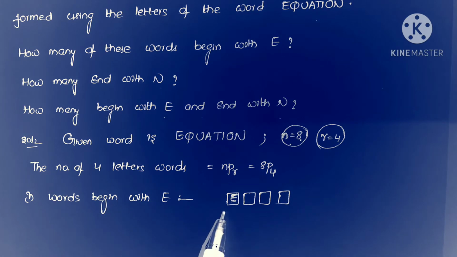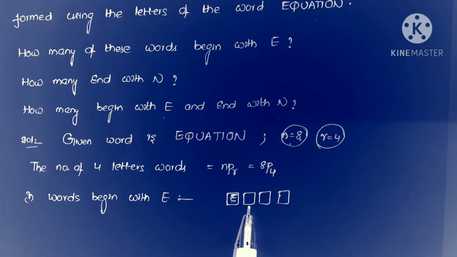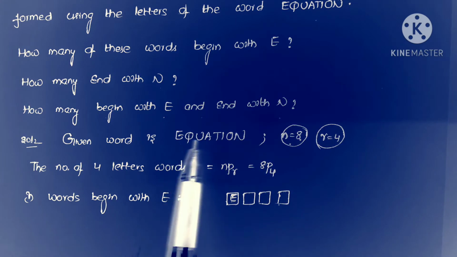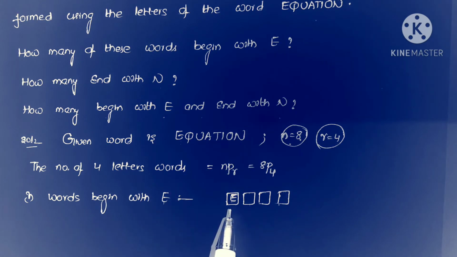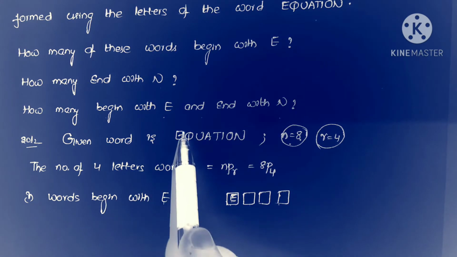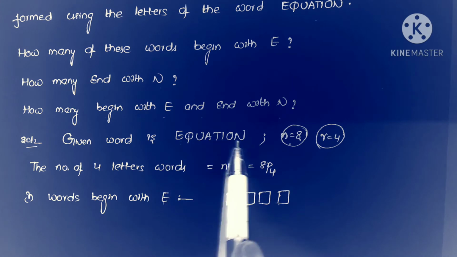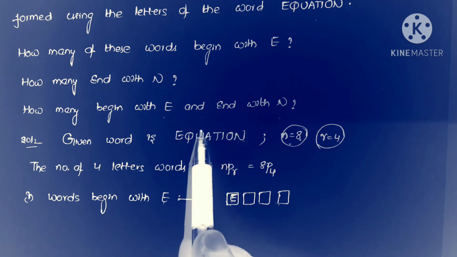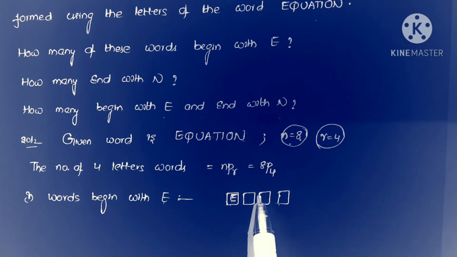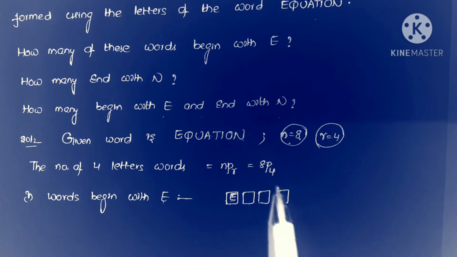Now the remaining gaps are 3. The total number of letters is 8, but we already used the letter E. So how many remaining letters are there? 1, 2, 3, 4, 5, 6, 7. Now the remaining letters are 7 and the remaining gaps are 3.